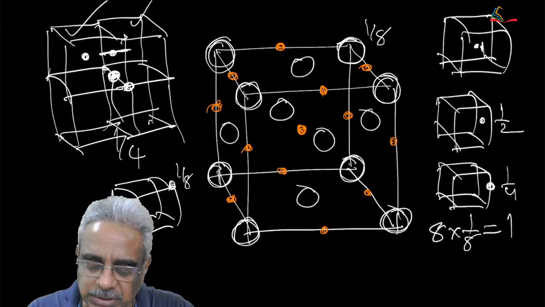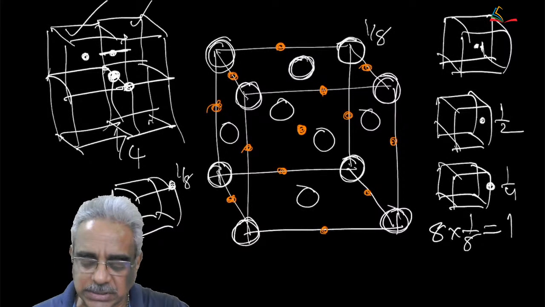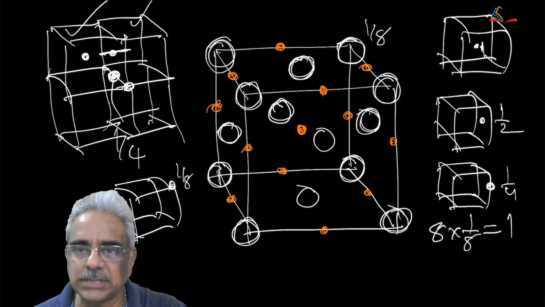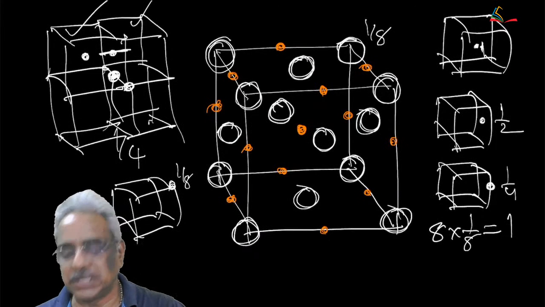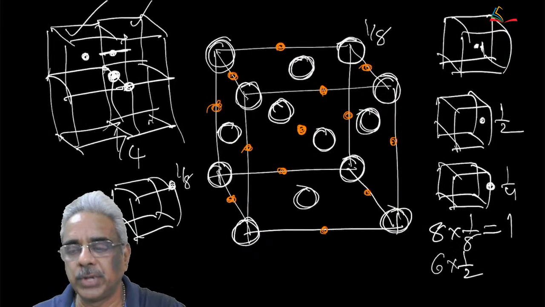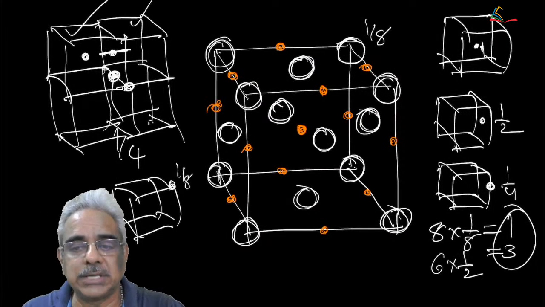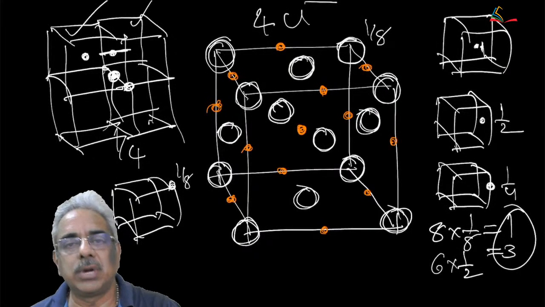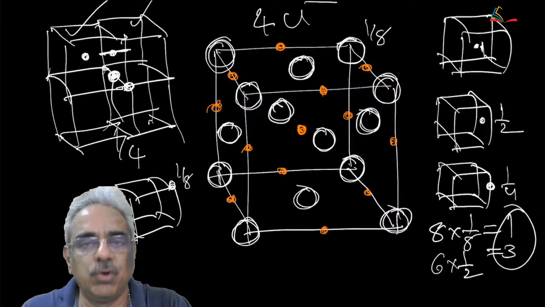And on each face you have 1 chloride. So how many faces are there? Left face, right face, back face, front face, top face, bottom face. Totally 6 faces. 6 into 1/2, because a face is 1/2, gives 3. So totally there are 4 chlorides in this unit cell. So don't physically count and decide. Don't say 14 chlorides. There are only effectively 4 chlorides.